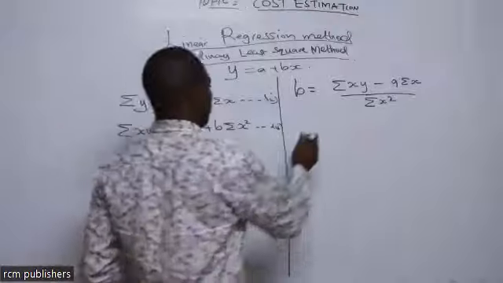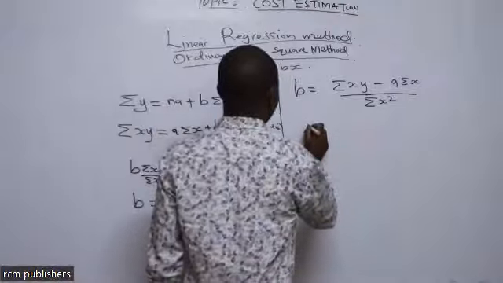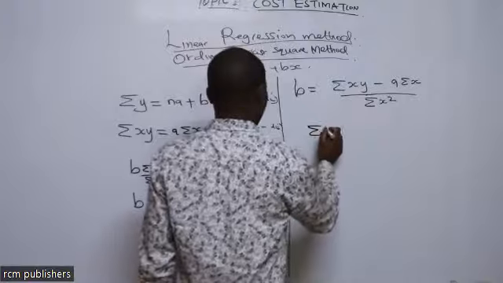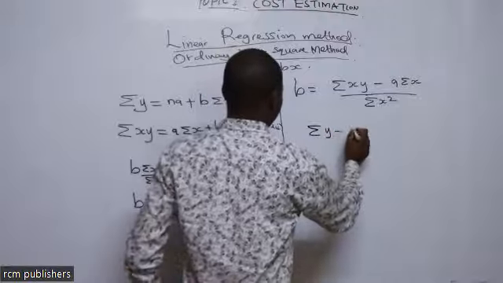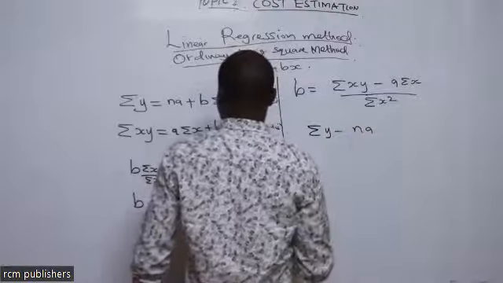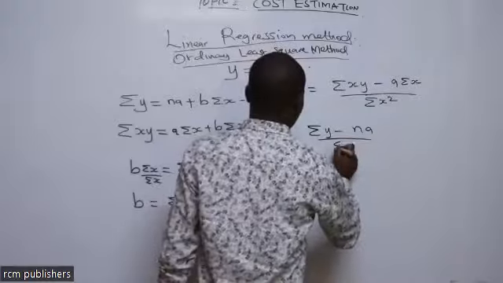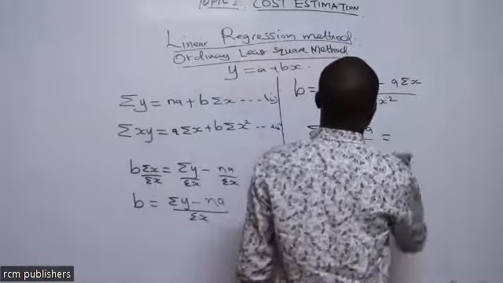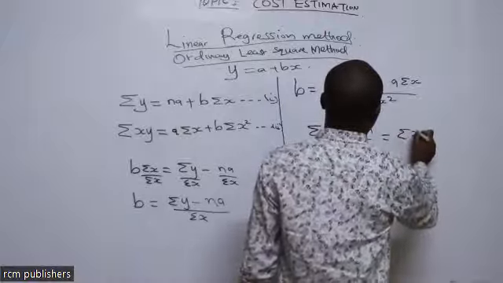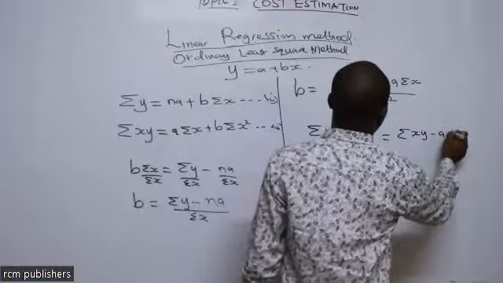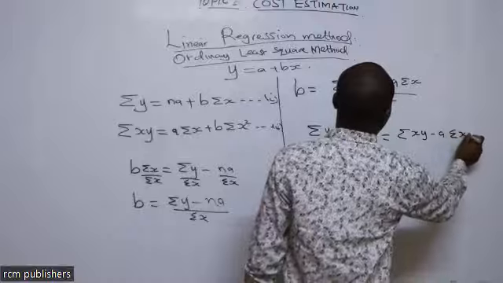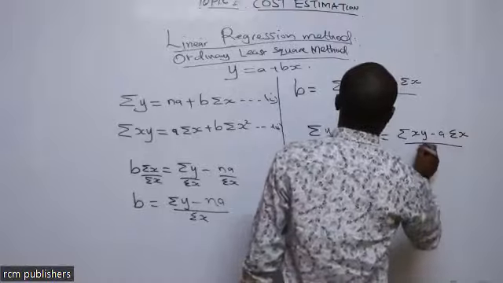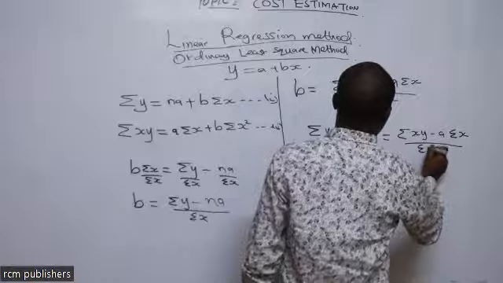So it means summation of Y minus NA divided by summation of X is equal to summation of XY minus A summation of X divided by summation of X squared.